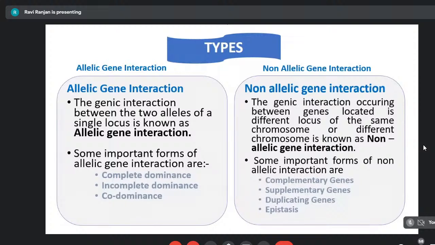As you all know, we have homologous pairs of chromosomes. So we have two chromosome number 1, two chromosome number 2. One set we receive from the mother parent, one set from the father parent, right? Supposing I have got capital A gene from the father parent and small a gene from the mother parent, my genotype is Aa.